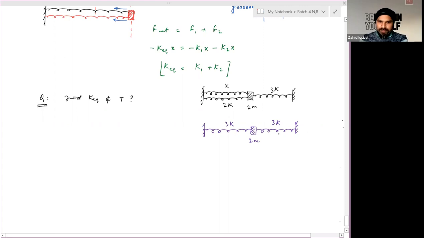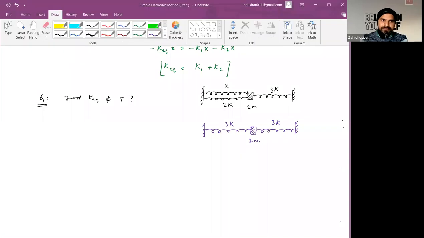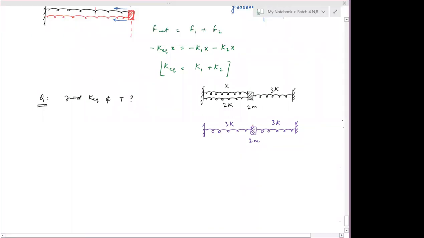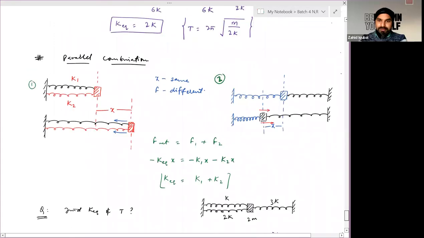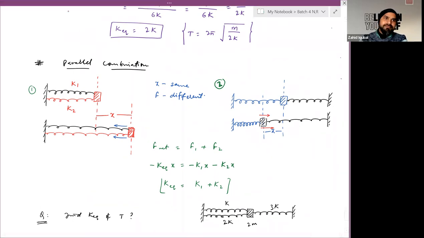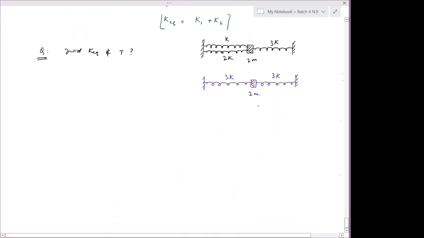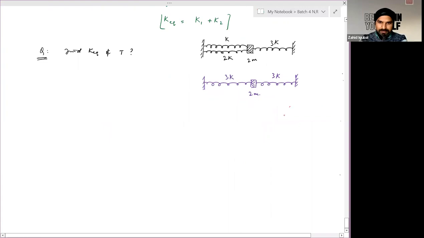Raza, now how are these two springs related? Series or parallel? Series. Good. Try to compare with this part. Are they the same or different? This second one, is it in series or parallel? Series. So now what can you say about this? Is it in series or parallel?